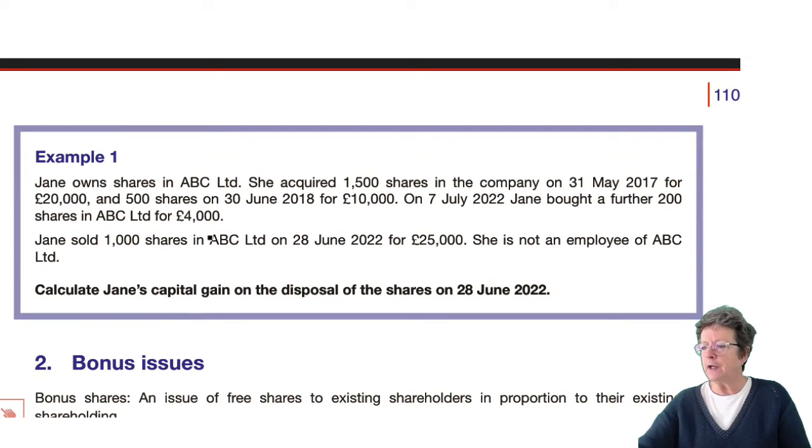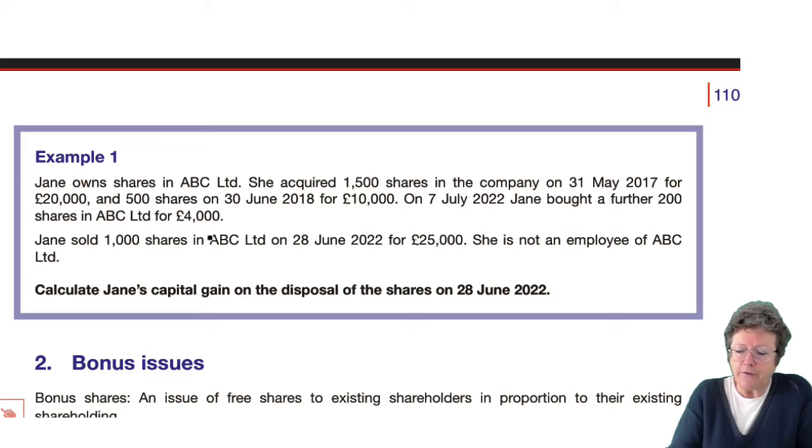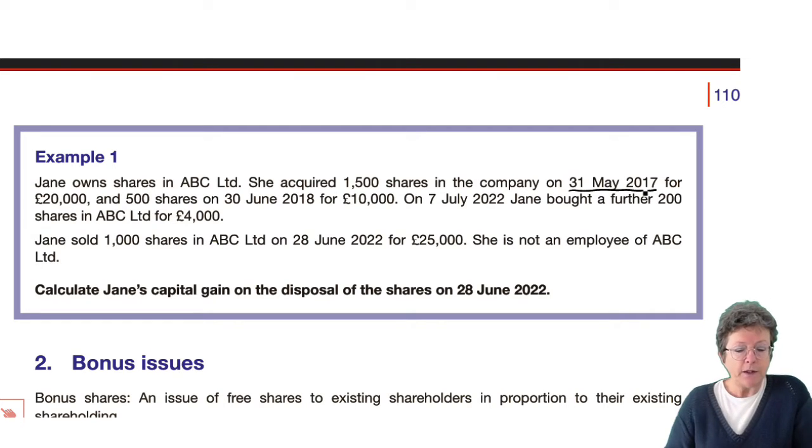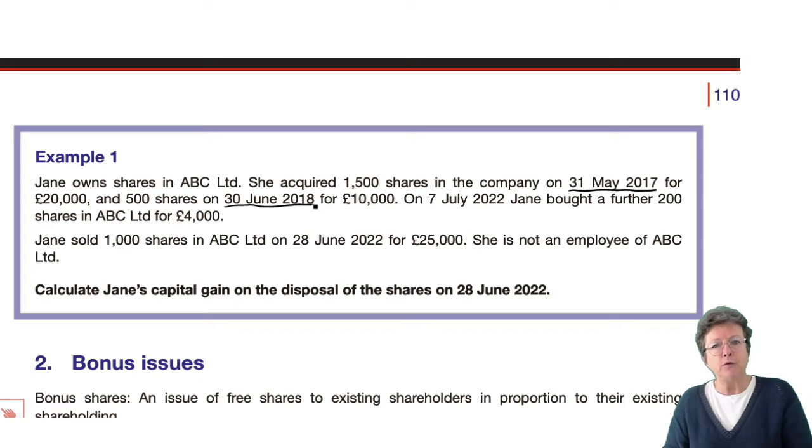So we're going to have a look at an example number 1. So Jane owns some shares in ABC Limited. Now, she bought 1,500 shares in May 2017, which she paid £20,000 for. She bought some more in June 18, which she paid £10,000 for.